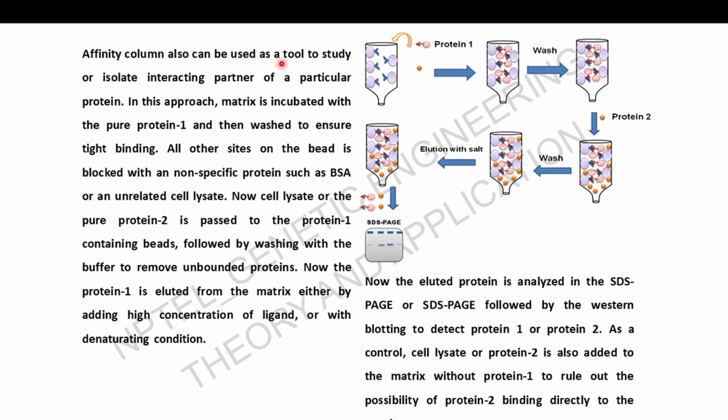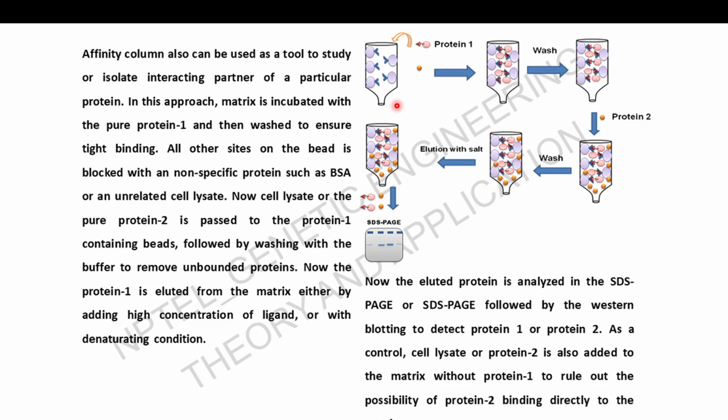So affinity columns can also be used as a tool to study or isolate interacting partners of a particular protein. Some histidine tagged protein will be binding, in case of nickel affinity chromatography, to the nickel ions, right?